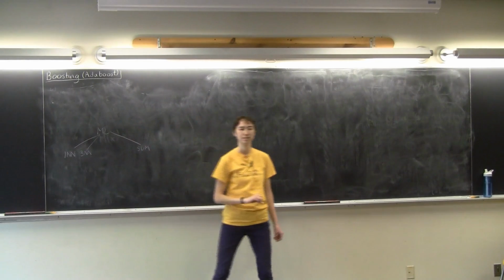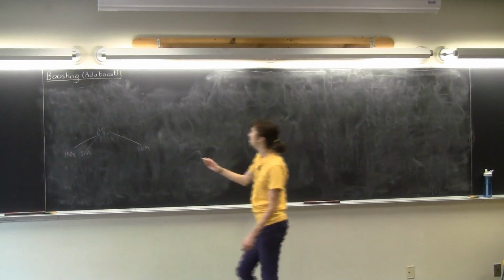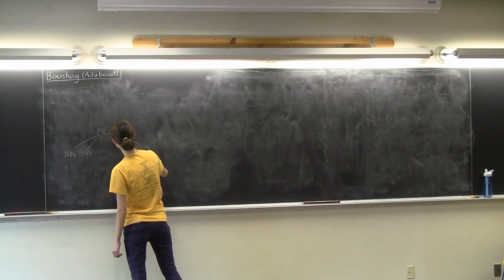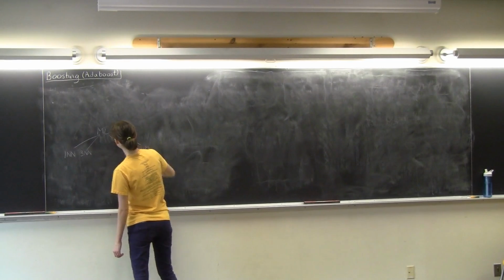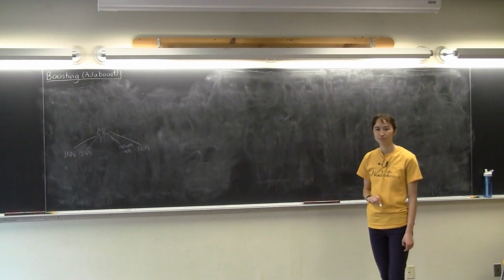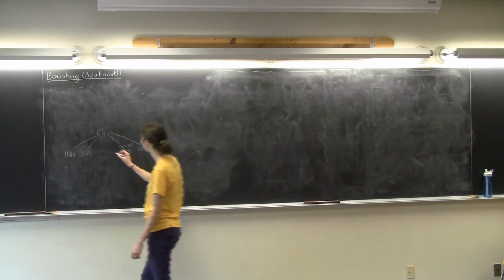What else? Neural nets. I think we have 2 more. ID trees. Yeah, ID trees.